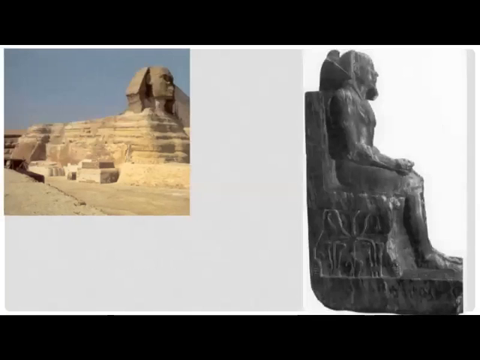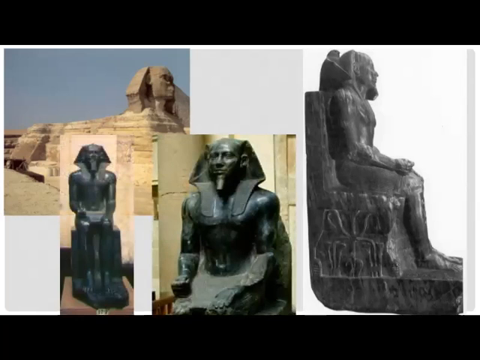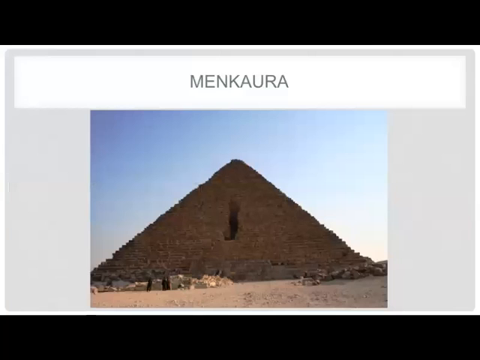And so here you can see this is KHAFRE, a seated sculpture of KHAFRE. Some people think it's Ka sculpture, but really we're not quite sure. But you can see the similar profile, similar headdress. Right? And then MENKAURA's tomb, or his pyramid, is made out of red stone, so it's got a slightly different color to it, and it's the smaller of the three.